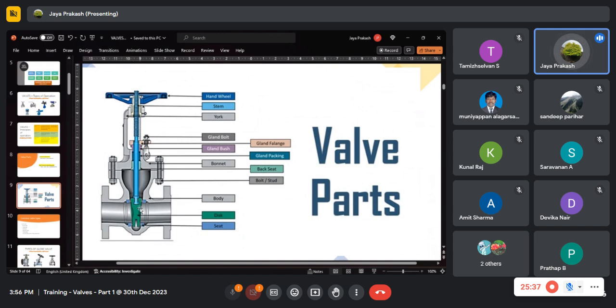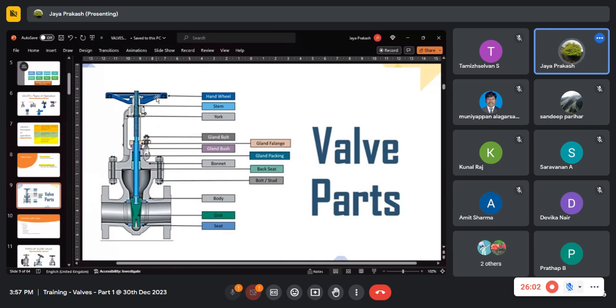You will have a disc or ball or anything, according to the valve type, connected to the stem. The stem on the other end is connected to a rotating mechanism, either a lever or hand wheel, or an actuator, based on the type of valve.